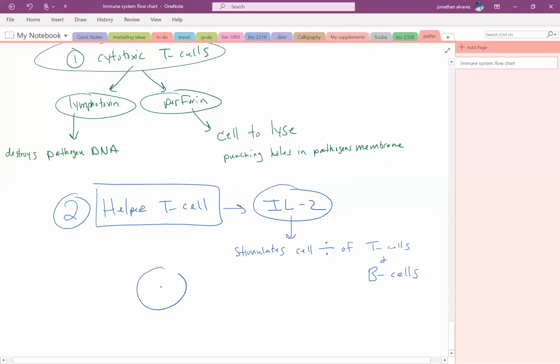So here's our helper T cell, and it releases the interleukin number 2. And it tells the helper T cell to divide.